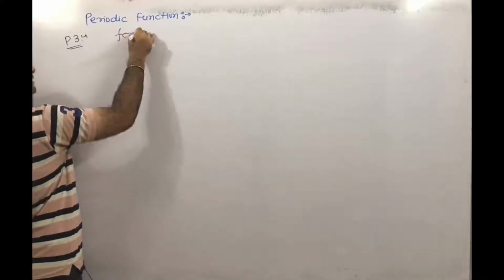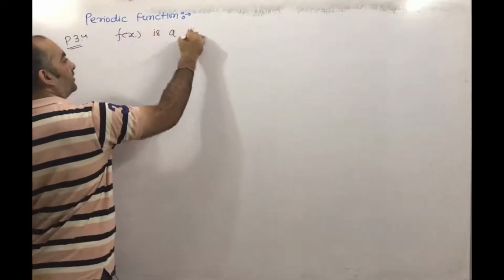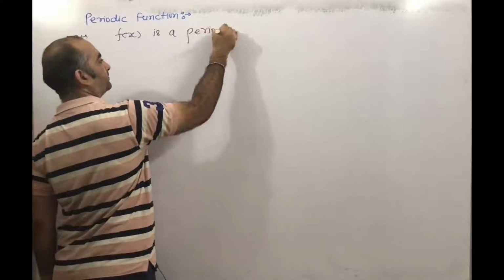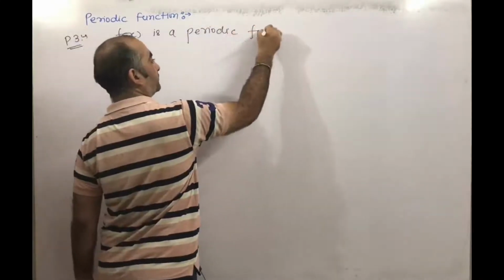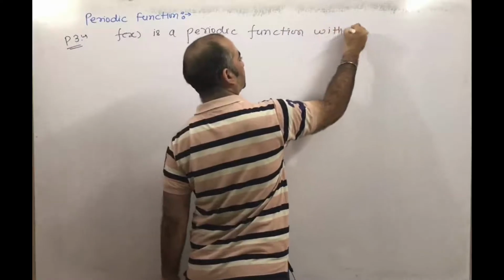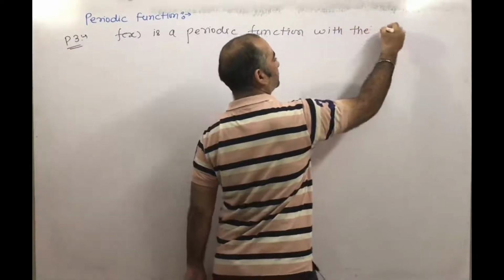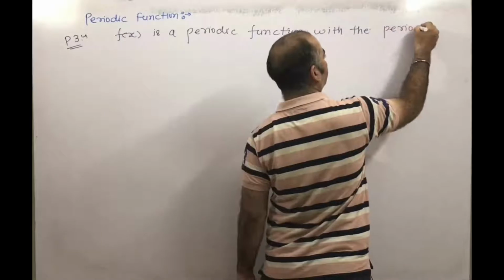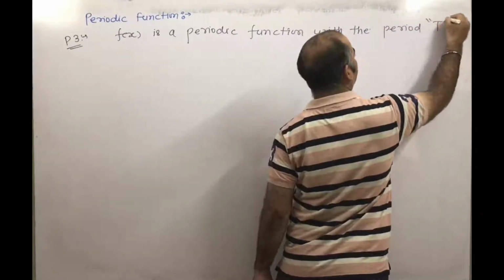f of x is a periodic function with the period t.